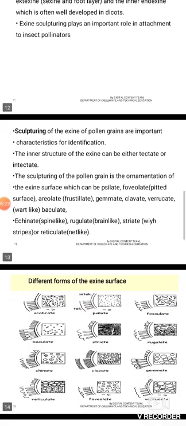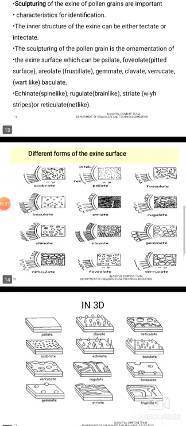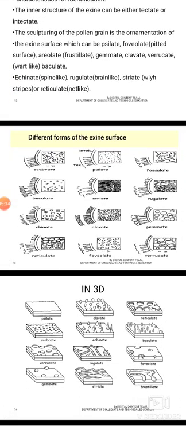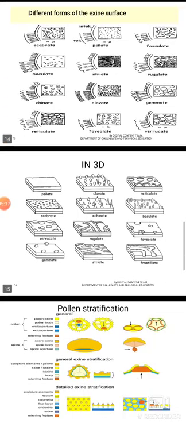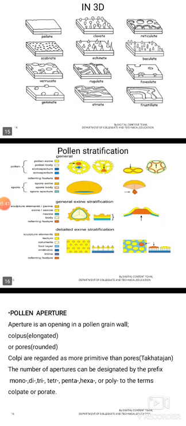These are the different forms of exine surface, and in 3D, three dimensions, they appear like this. The pollen stratification. Then coming to pollen aperture.